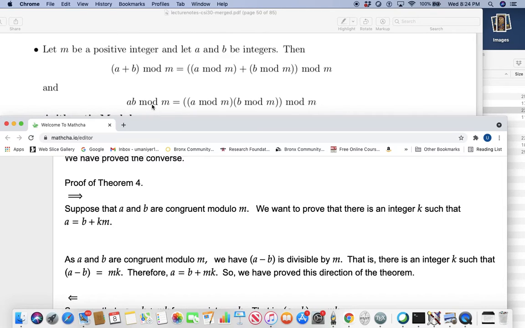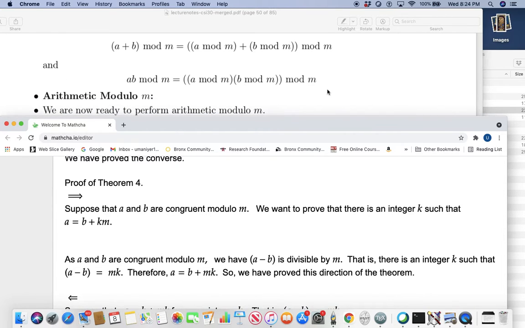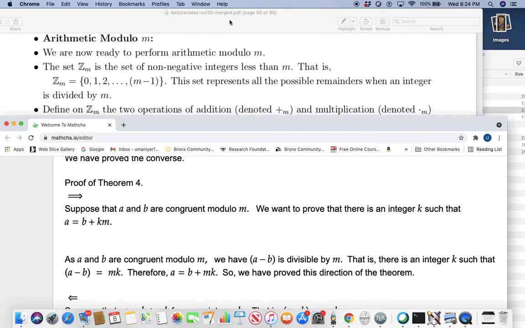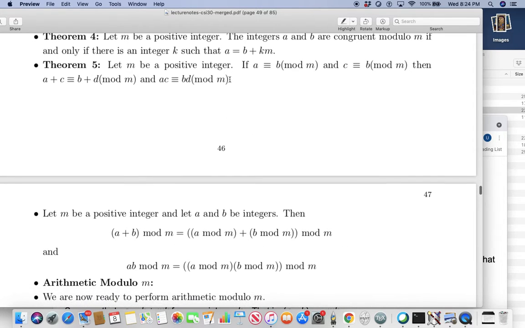Likewise, a times b mod m. You take a mod m, take b mod m. So these are remainders. Multiply them, divide that by m and find its remainder. So show this using simple definitions, and you will see things fall in place. Which brings us to arithmetic modulo m. So I'm leaving theorem 5 and this small lemma for you to work out.